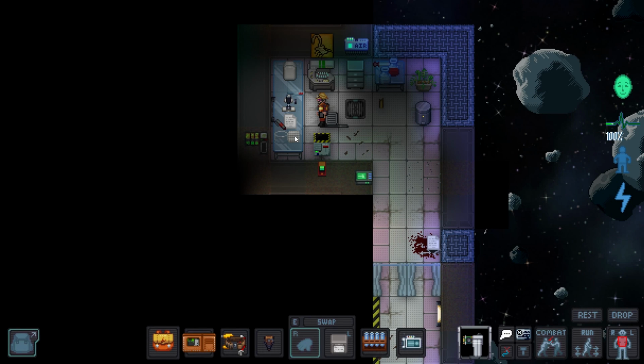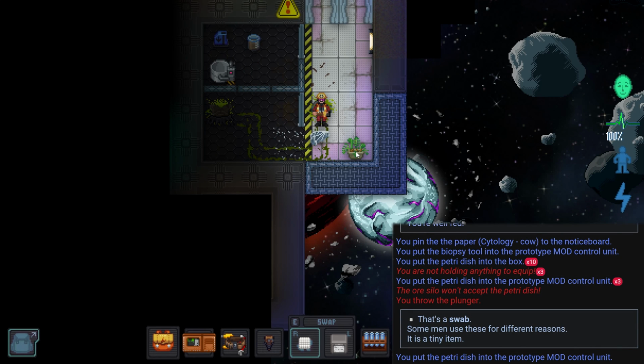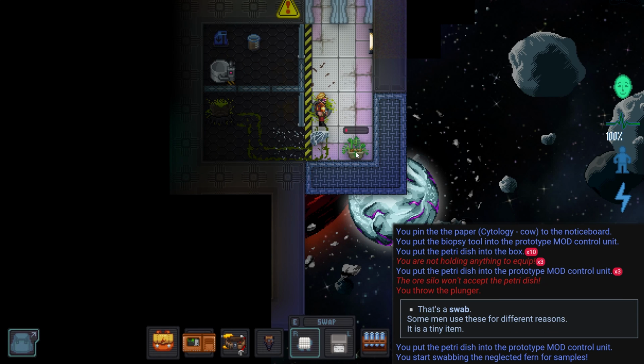Here in the biolab, we have this swab already available, and this is an item that we can use to get the cell lines from different objects. And I also have another petri dish here, so I will take this one as well with us. There are neglected ferns, so these are the first items that we can scrub for potential cells.